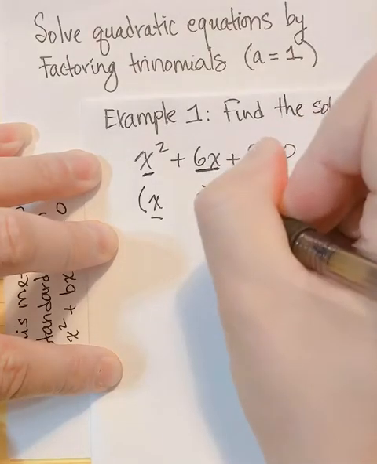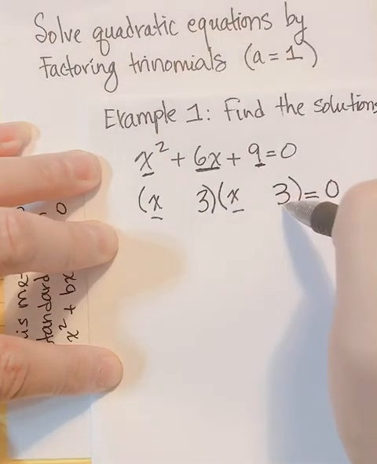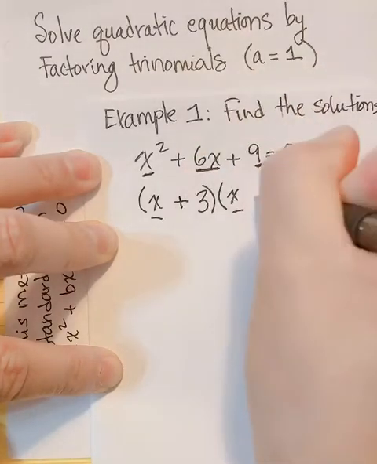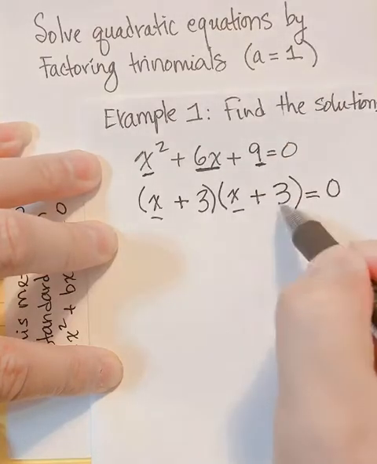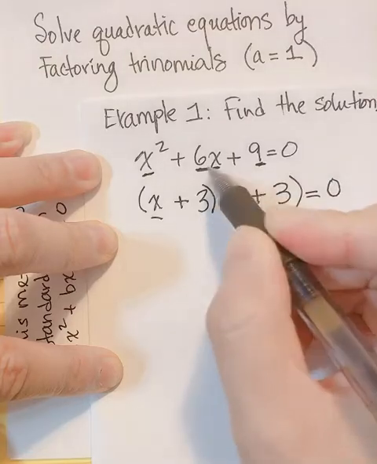Well, 3 and 3. 3 times 3 gives me 9, 3 plus 3 gives me 6. So both of these will be positive, because 3 times 3 gives me positive 9, and 3 plus 3 gives me positive 6.